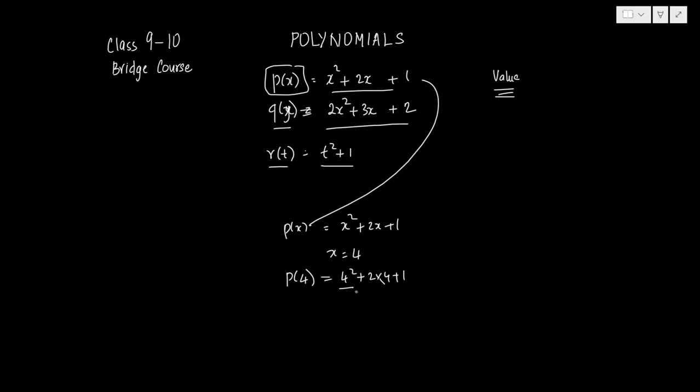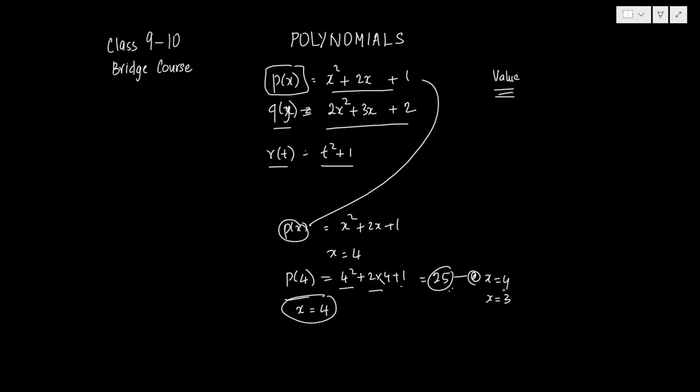This is 16 plus 8, 24, plus 1, 25. 25 is called the value of the polynomial at x is equal to 4. When you put x is equal to 4 in this polynomial, you get a value, and that is called the value of the polynomial at x is equal to 4. Similarly, you can substitute x is equal to 3, and whatever you get will be the value of the polynomial at x is equal to 3.